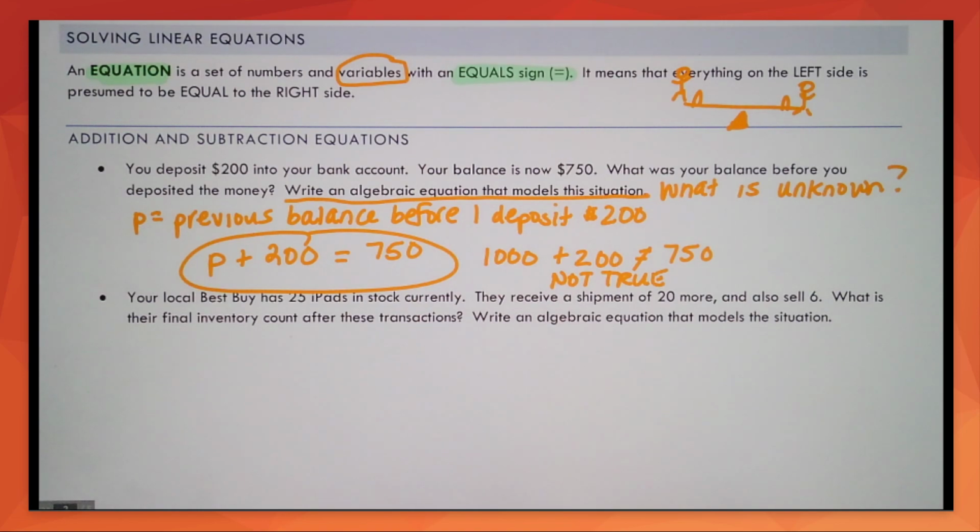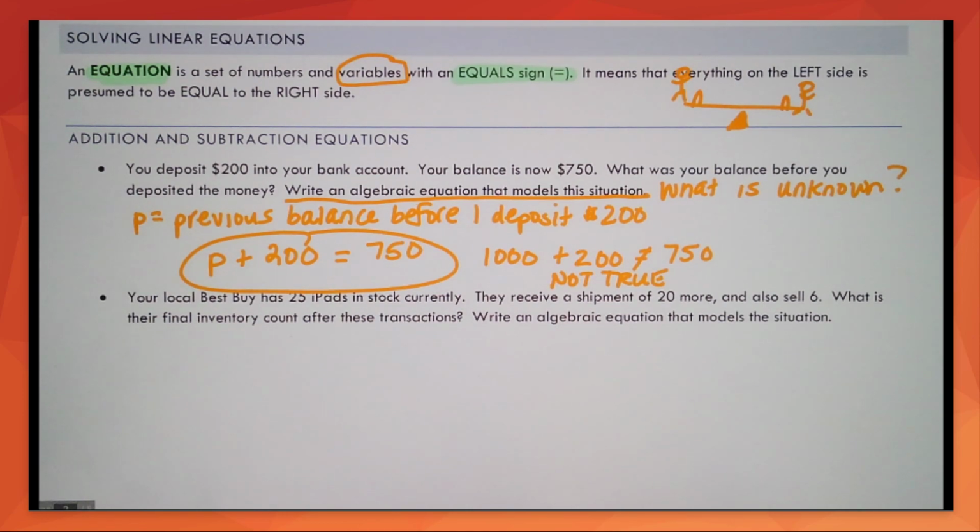This is just a one-step equation. We only have to do one thing to get the variable solved. And in the future, you're going to have equations that have 2, 3, 4, 5, 6 steps. Okay, and you're going to want to make sure you're doing this process. There's a reason we have a process for it, so that it doesn't get too confusing and out of control.